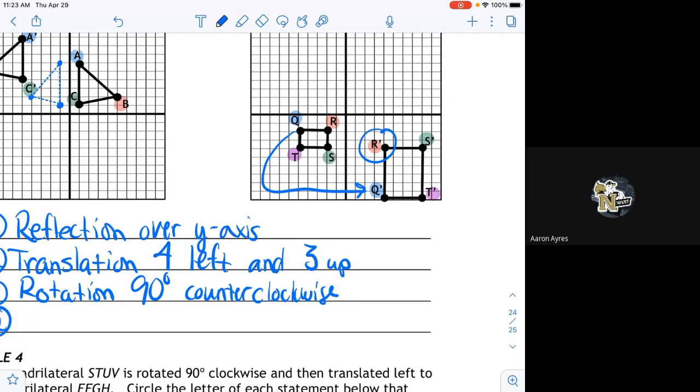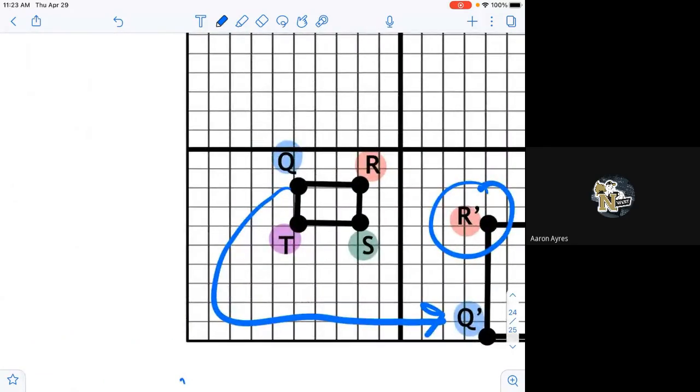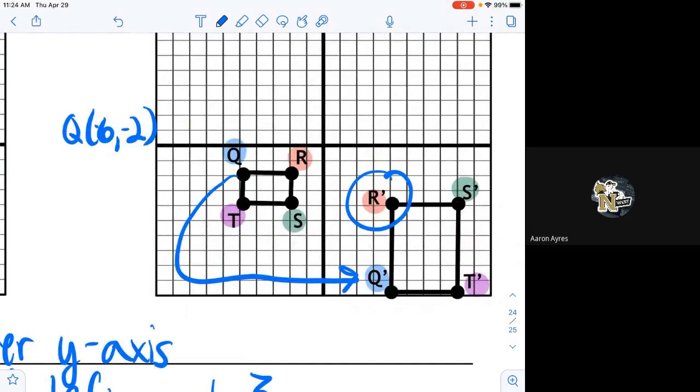Yes. How do you know what the scale factor was? I get Q being 6, -2. Does that look good for you guys? No. I'm sorry, -6, -2. Are you good with that? Those coordinates for Q? Okay, let's compare it with Q prime.